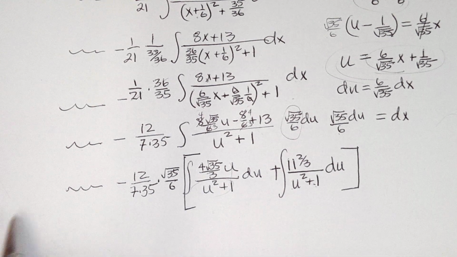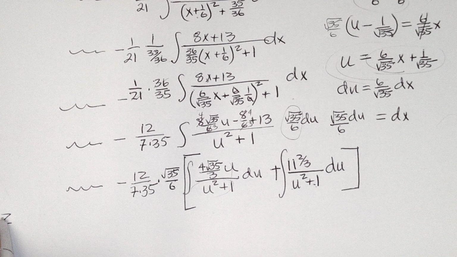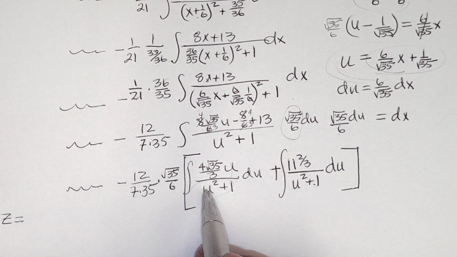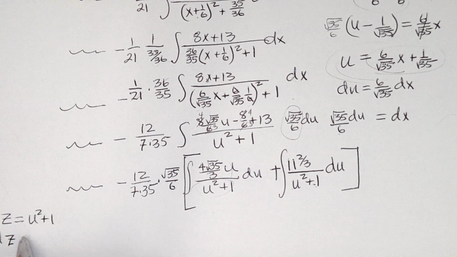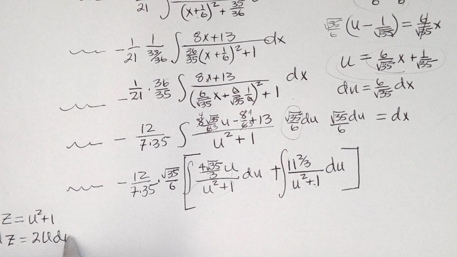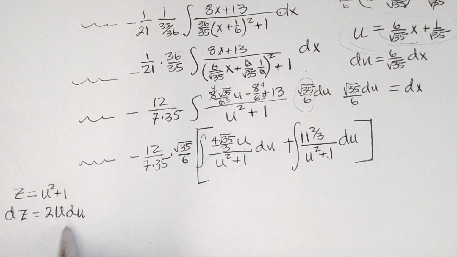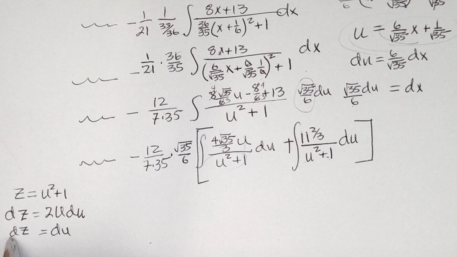So I'm going to let z be u squared plus 1. dz would be 2u du. And so I can replace du with dz over 2u.